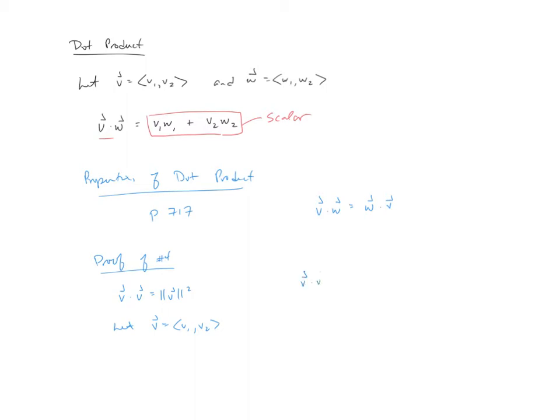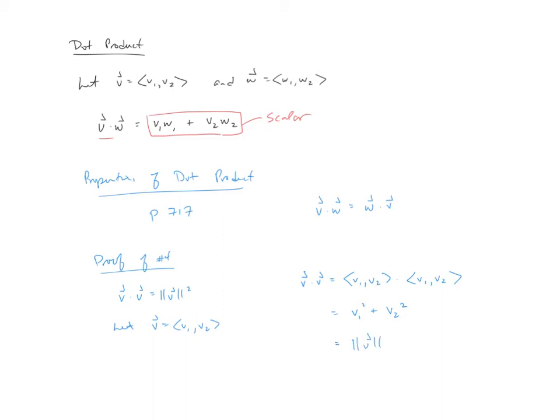So v dot v would then be (v1, v2) dot (v1, v2), and when you dot those, that gives you v1 squared plus v2 squared. So when I multiply v1 and v1, I get v1 squared, plus then v2 times v2 would be v2 squared, which we know is going to be the magnitude of v.